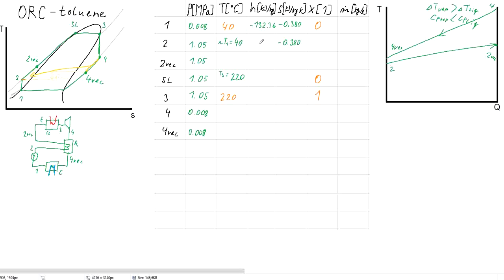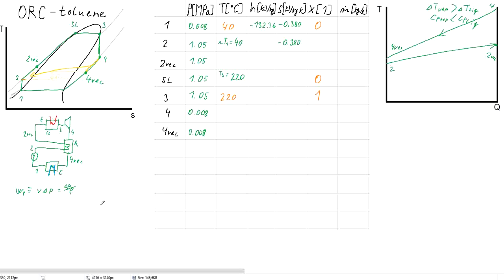We can get the enthalpy either from the work of the pump, which can be approximated as V times delta P, which is delta P over density.